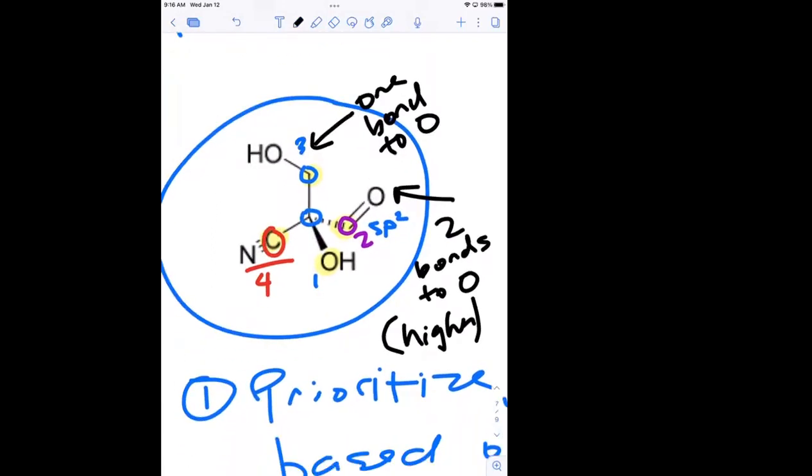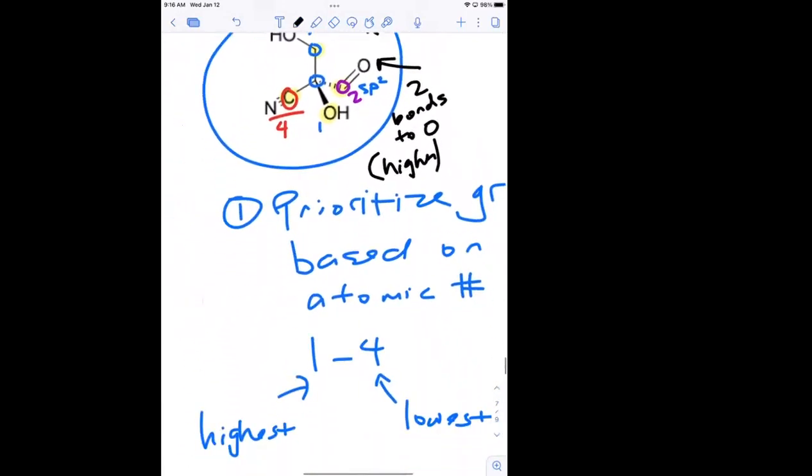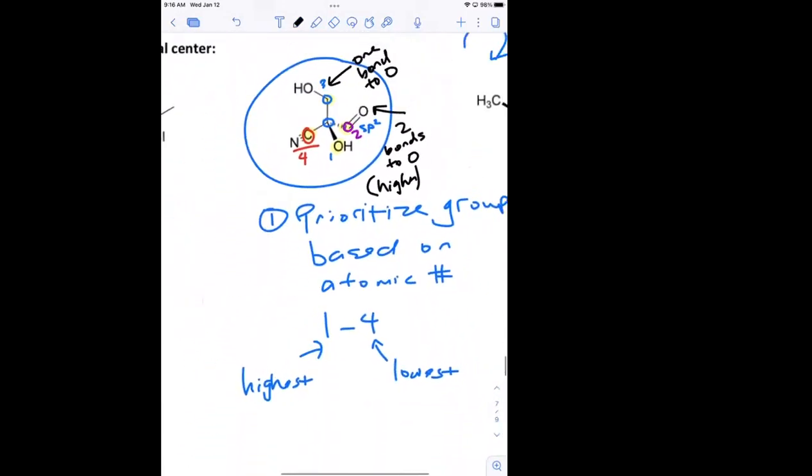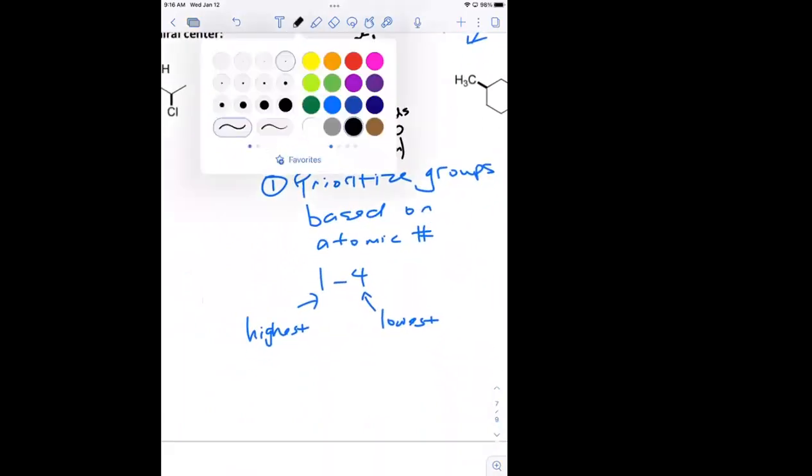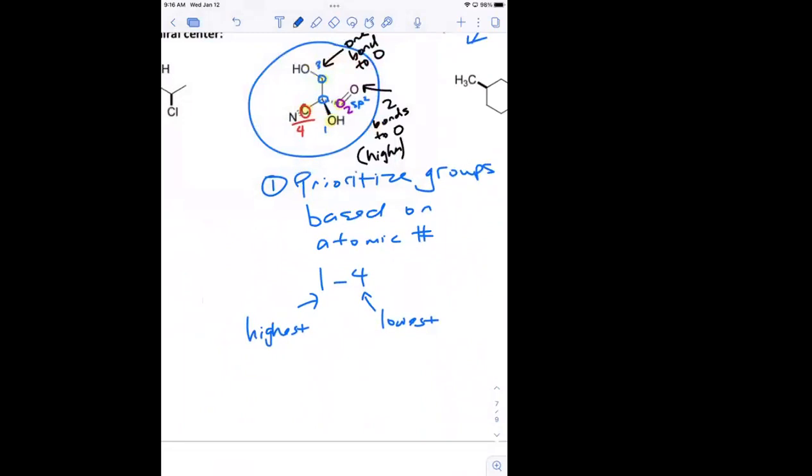So once we prioritize, we can reorient so that we can get the top 3 groups facing us and the 4th group away from us. So for this particular group, let me pull a model up.